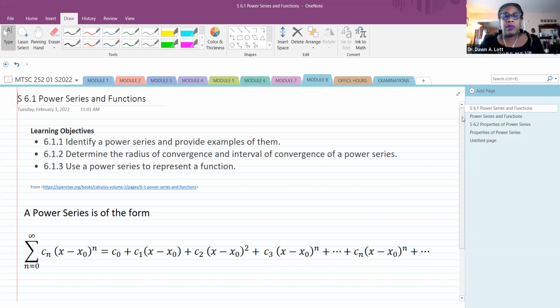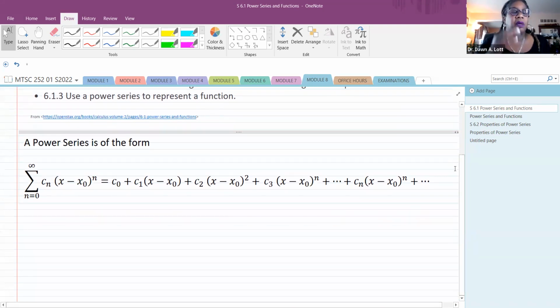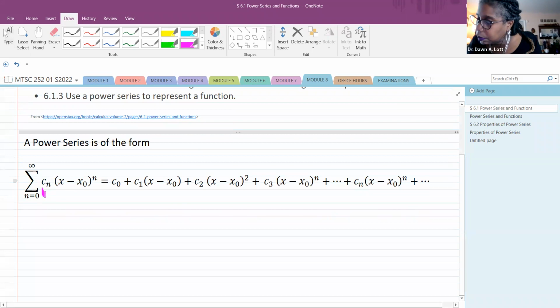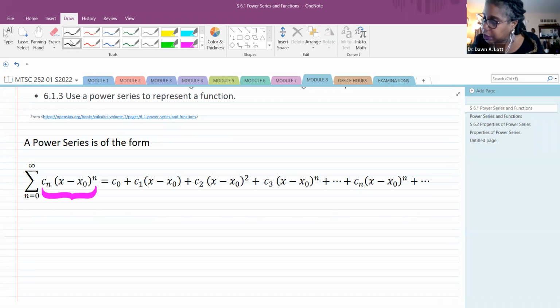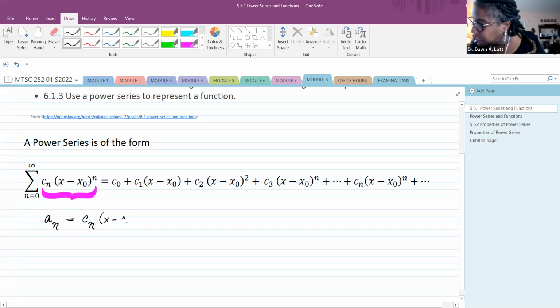Okay, so this is what a power series looks like. A power series is of the form: the sum of A_n, where A_n is the constant C_n times (x minus x naught) to the n.